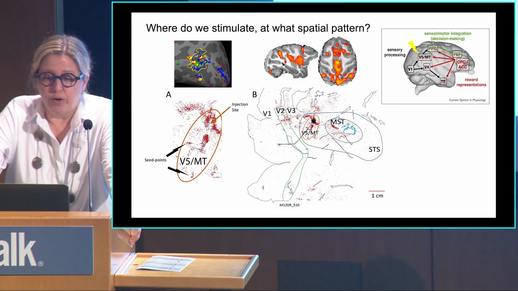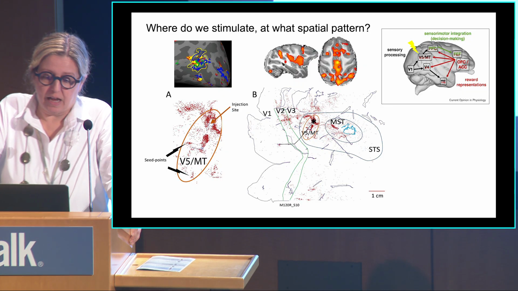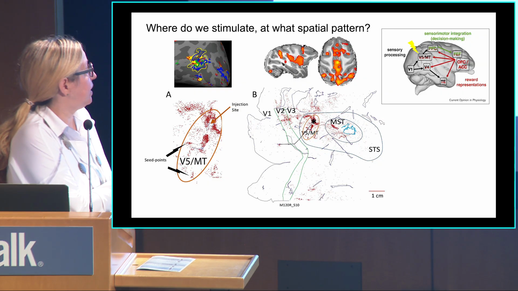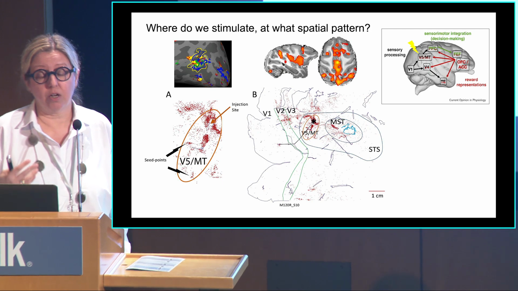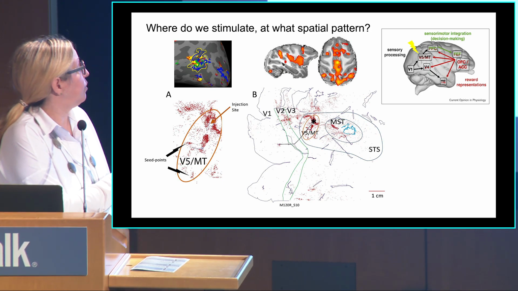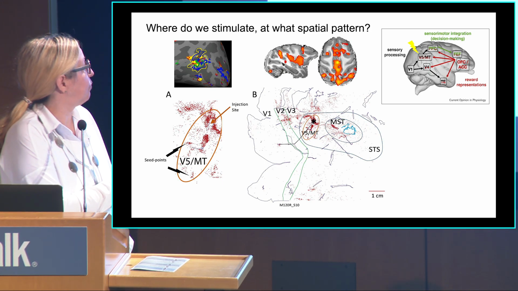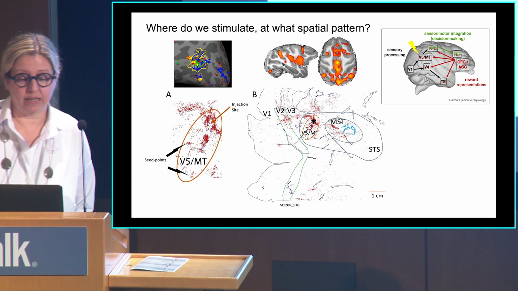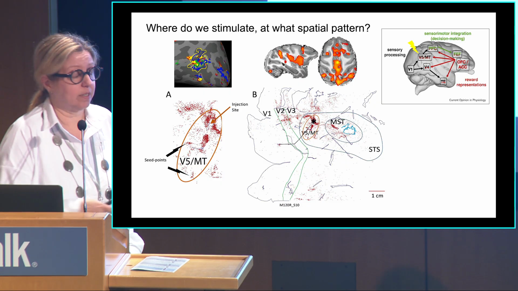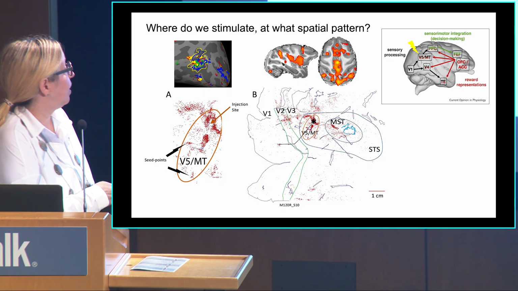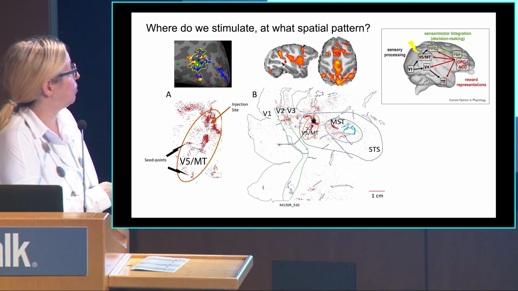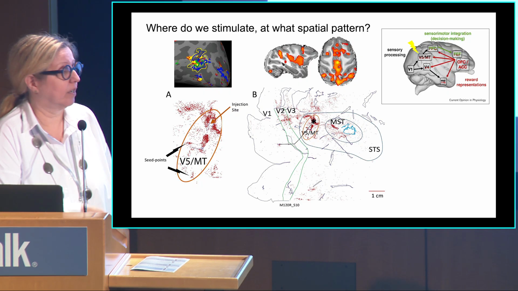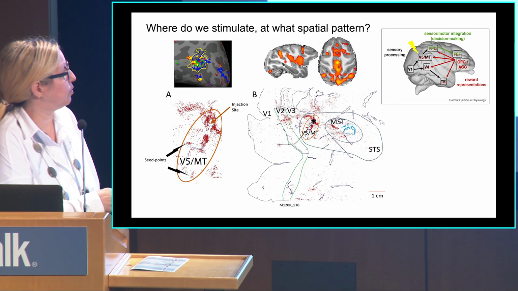So, where do we stimulate and at what spatial pattern? I focused on V5MT because I think it is a critical point. We already have these points with which we can change the perception. If you inject the tracer here, and this is another view of this pattern in the flat mount, you get this interconnected network, and it's most likely we have to go across the column and stimulate columns with the same preference to get a coherent percept in the absence of a visual stimulus.